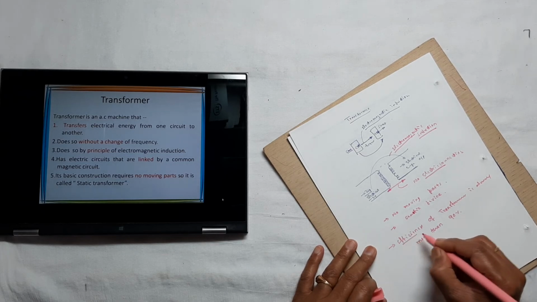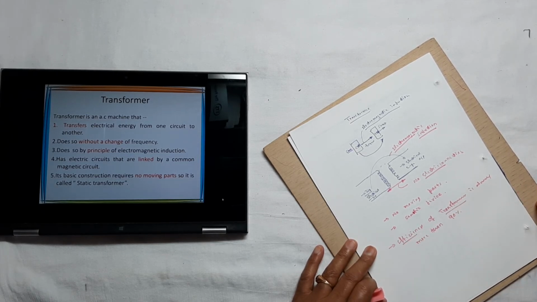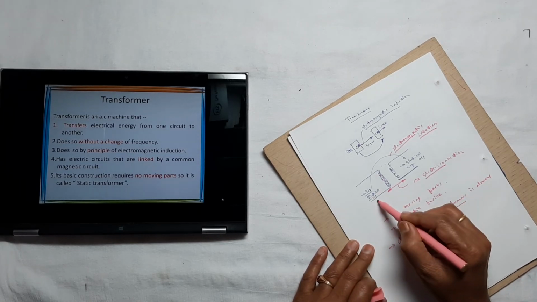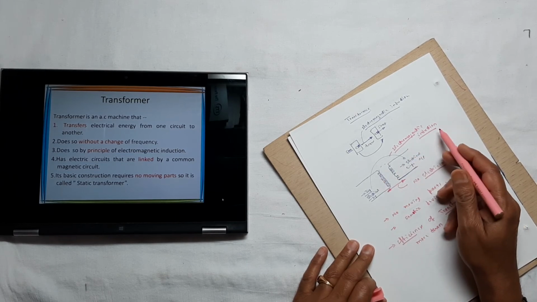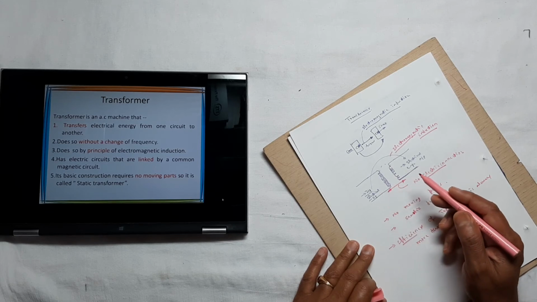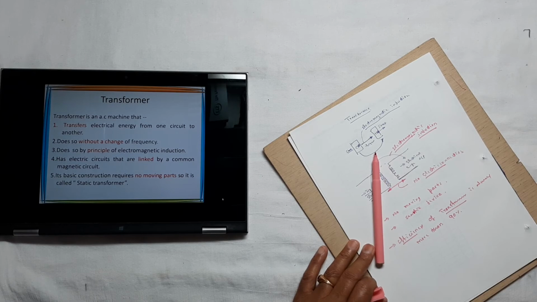Therefore, the efficiency of the transformer is greater than the other types of machines. Basically the transformer is transferring the electrical energy from one circuit to another circuit by electromagnetic induction. There is no electrical connection between the two circuits. That is the function of the transformer.